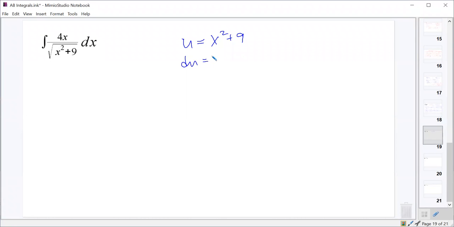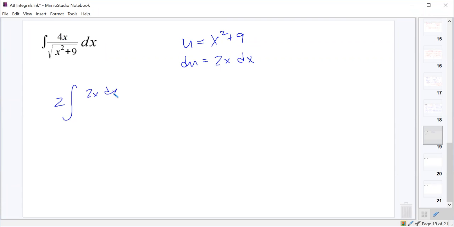What's du going to be? 2x dx. Good. Which means, well, I've already got a 2x up there. In fact, I have an additional 2 up there, so the extra 2 we pull out outside the integral.